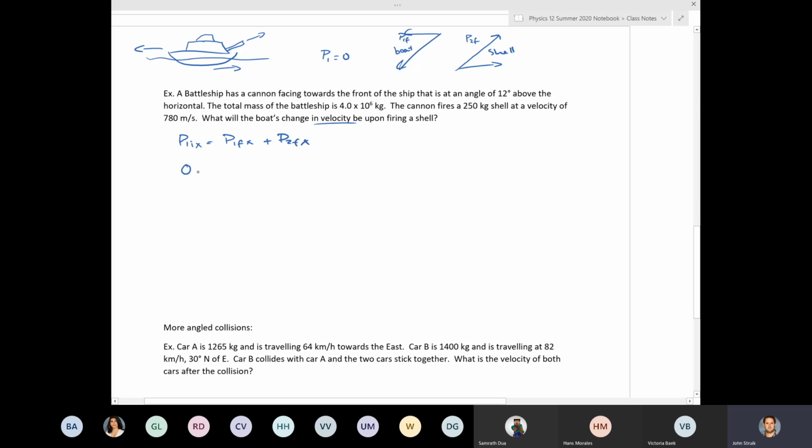So this is 0, and then P1Fx, this is the boat, so we have 4 times 10 to the 6 times v plus P2Fx. This is going to be 250 times 780. But again, it's only in the x direction, so I'm going to go cos 12.